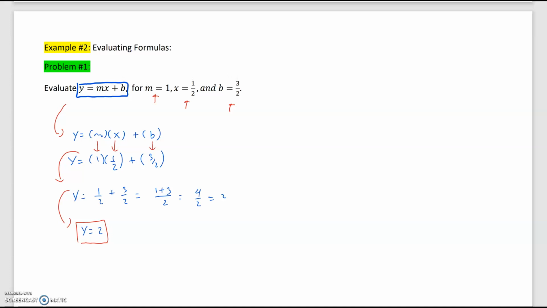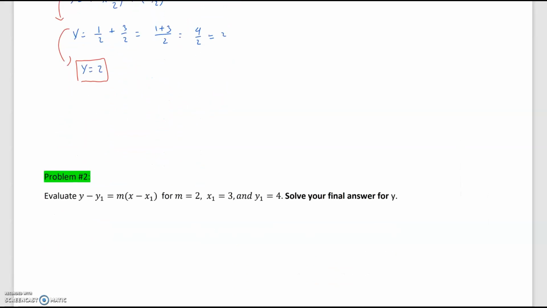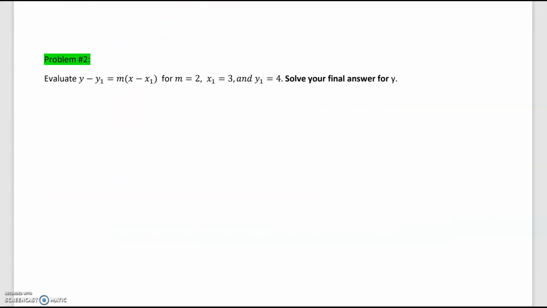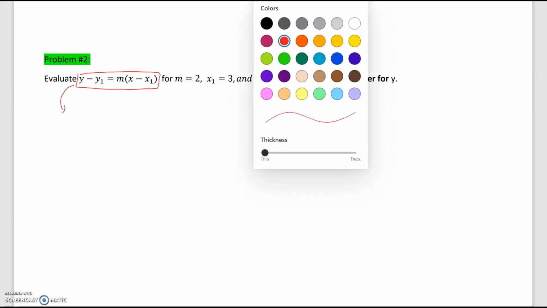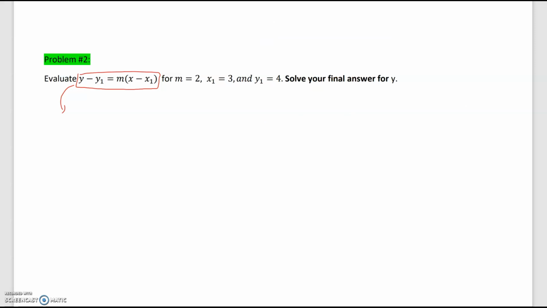We do have to be careful because some of the problems, they will want you to evaluate and then solve for a variable, such as problem 2. Okay, so this formula, a little bit more messy. And let me put a parenthesis on the values that we're going to be evaluating. So m, x1, and y1.